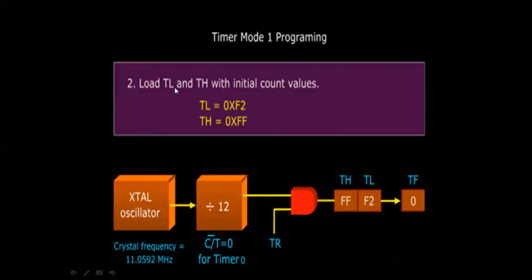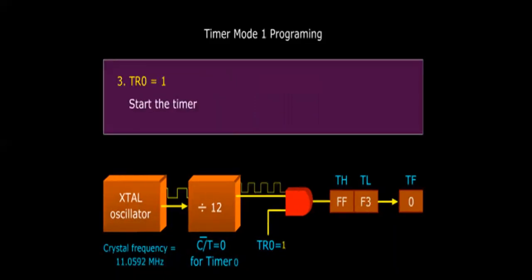Second step, load TL and TH with initial count values. Here, always in TL we'll have the initial value, and in TH we'll have the end value. It means the count begins with F2H here, and it ends whenever it reaches FFH. So every time the count will be incremented.